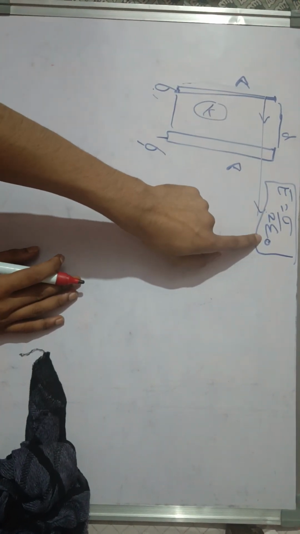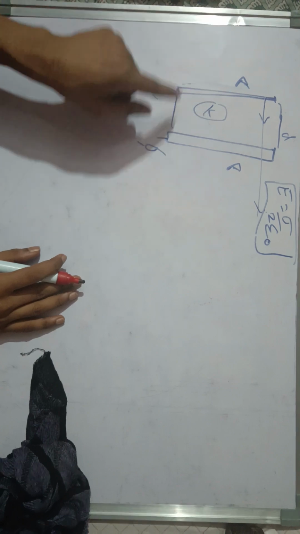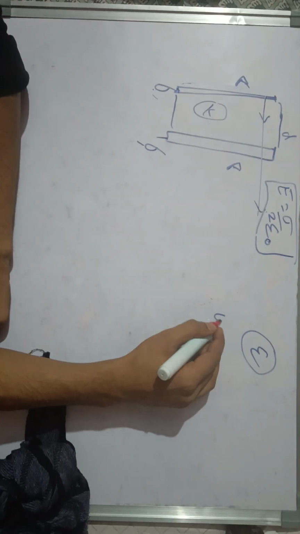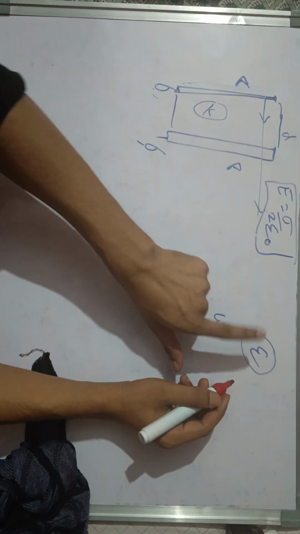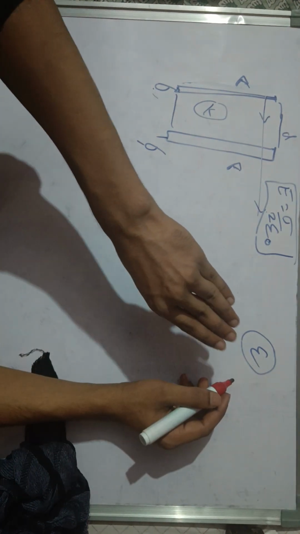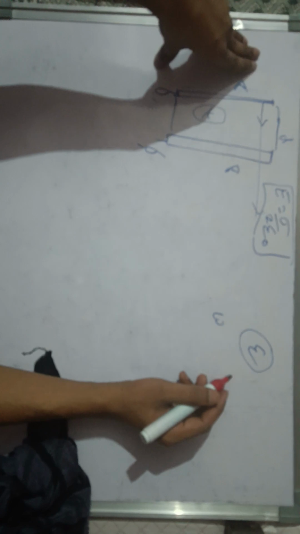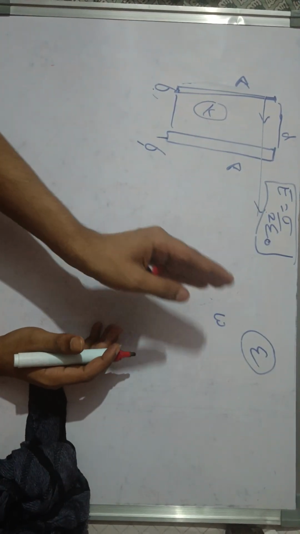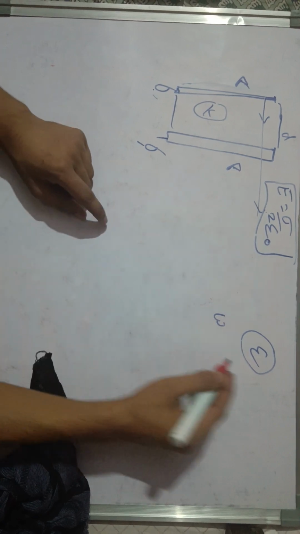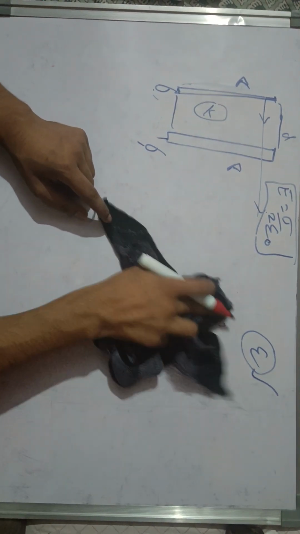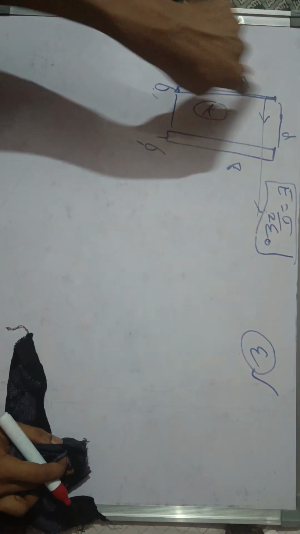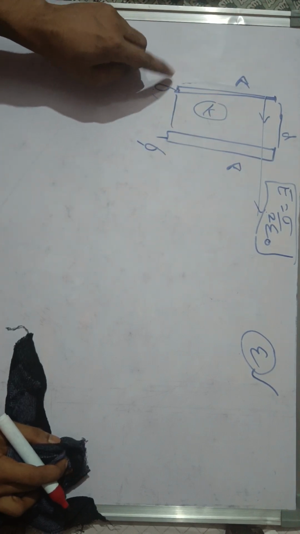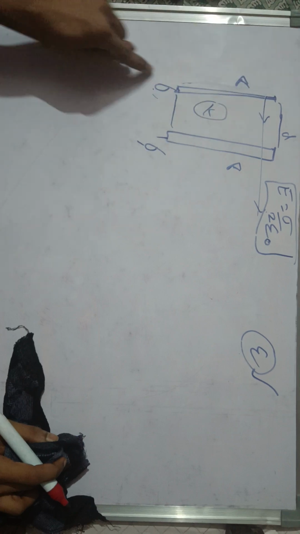Here we will use epsilon naught, not epsilon, because epsilon is used when we want to find the electric field due to the system and the medium, meaning the effect of the medium. When we want to consider the effect of the medium, we will use epsilon, but in this case I am not considering the effect of the medium right now, so I am only taking the field due to this charge.